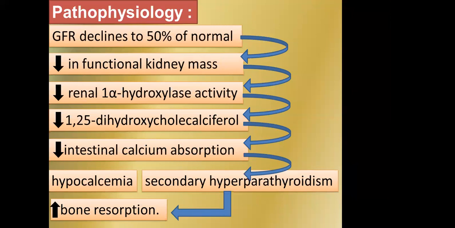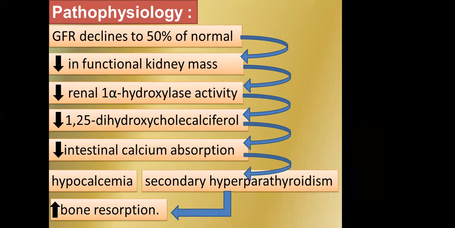A decrease in the glomerular filtration rate at the beginning to 50% of normal results in a reduction in functional kidney mass. So there is a decrease in renal 1-alpha hydroxylase activity, which is a very important enzyme for the production of active vitamin D, 1,25-dihydroxycholecalciferol. This is important for the absorption of calcium from the intestine, so it results in decreased intestinal calcium absorption, and this leads to hypocalcemia.